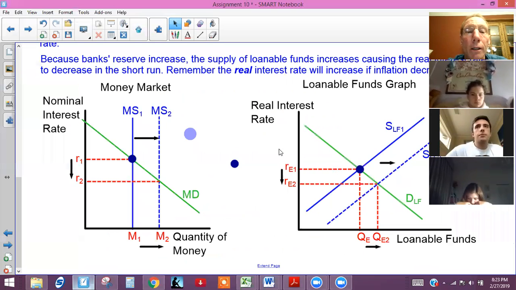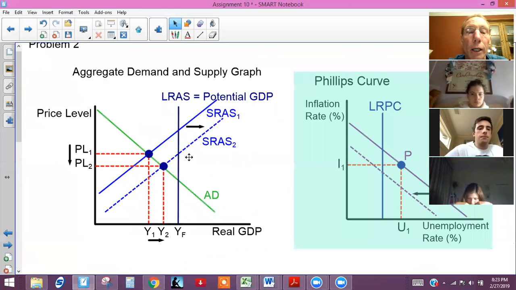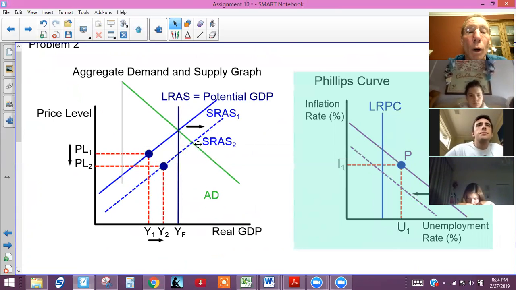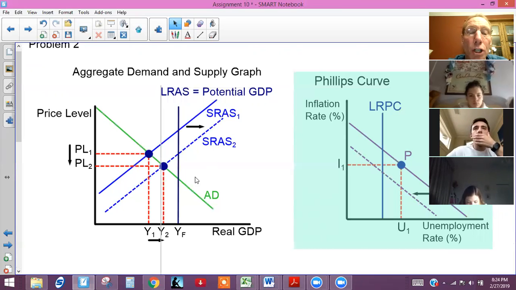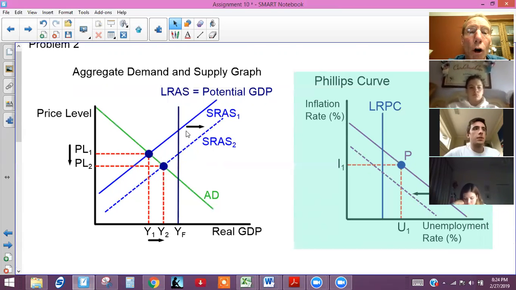They're trying to get up to the point where we're at full employment and at our potential, right? So if we're in a recession, then our output is below our potential, below where the long run aggregate supply curve is. So they're trying to shift it out.